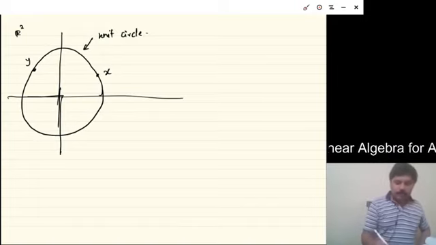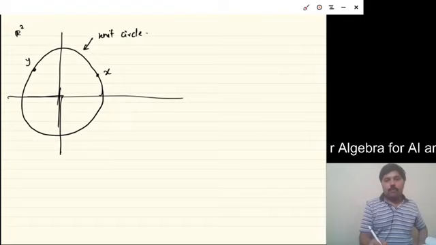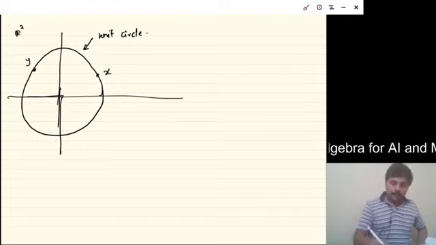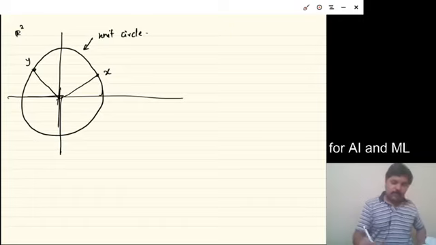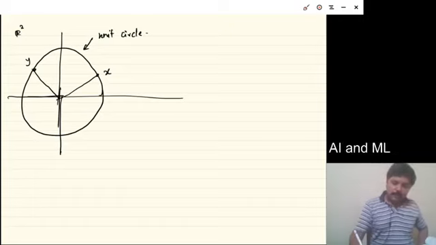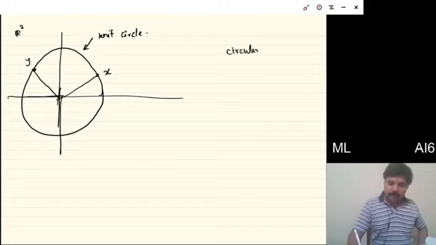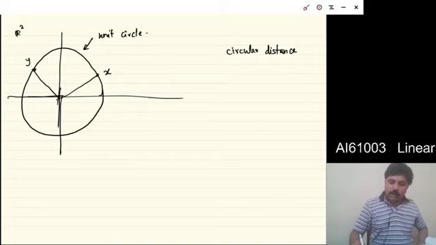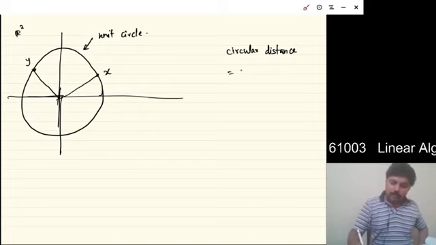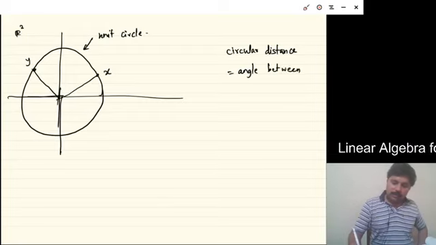Then the distance of this point x from y on the circle is something that I want to understand. Because I am considering the unit circle, I can consider the circular distance to be the angle between the vectors x and y.